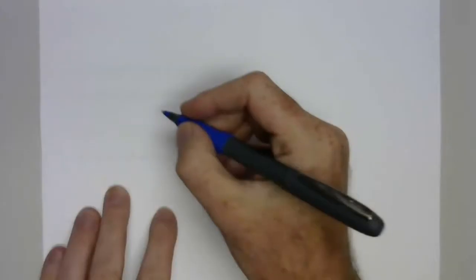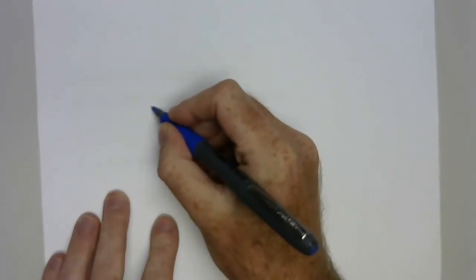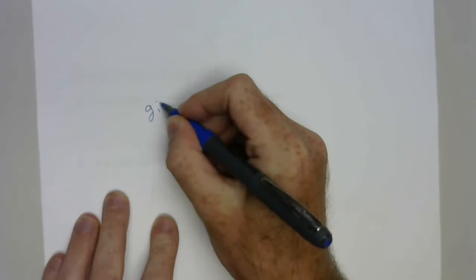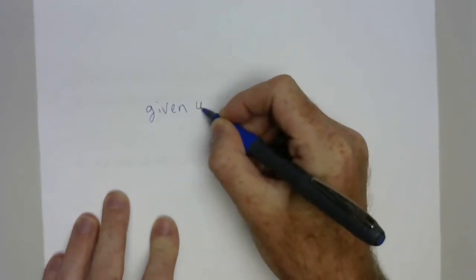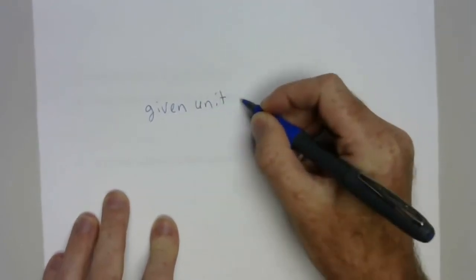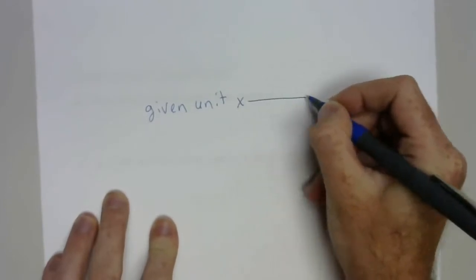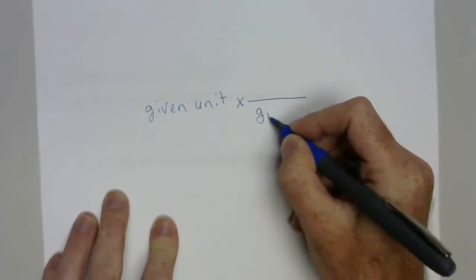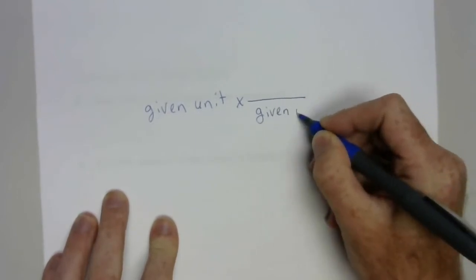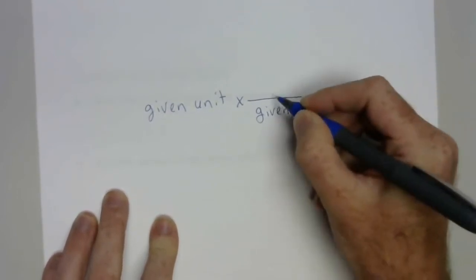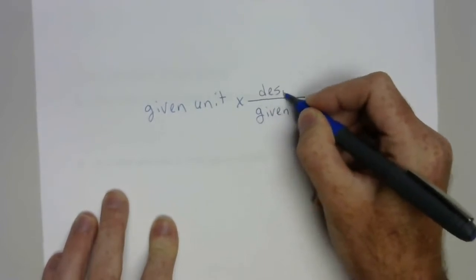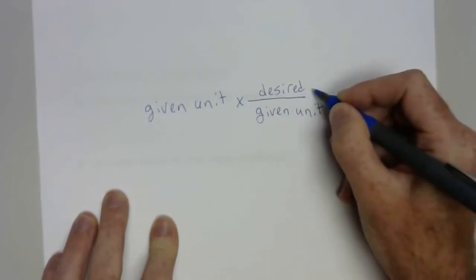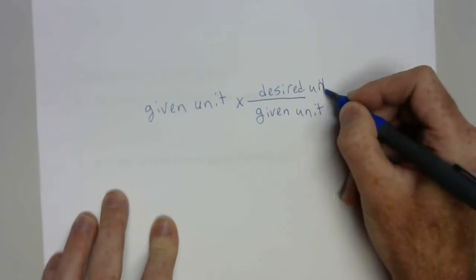All right, this is a tutorial on doing unit conversions. Now, what we tend to want to do is, if we've got our given unit, what we have to do is we put the given unit on the bottom and the desired unit, or the unit you want, on the top.